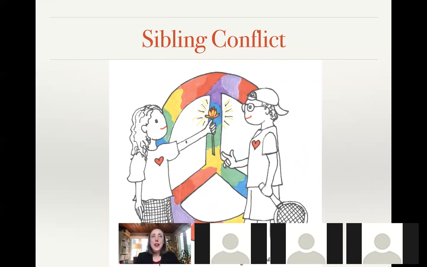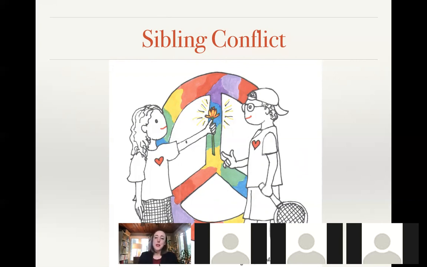And what it did, that process actually changed how siblings interacted, because they were actively looking. They knew Sunday night the conversation was coming up, so they were actively looking for kindnesses, and they were actively engaging in kindness in order to have something to talk about. What a great incentive. So that's a wonderful practice.